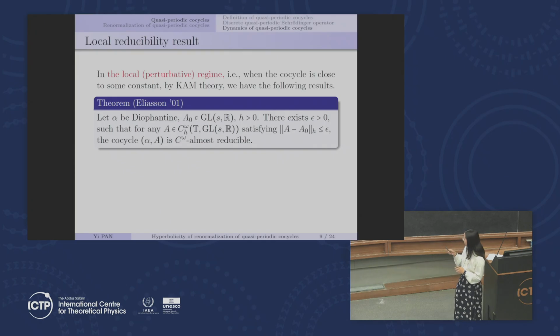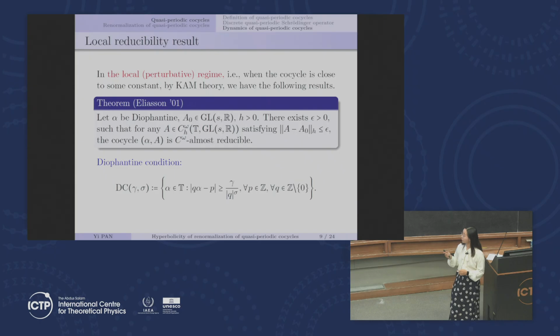He showed that for Diophantine frequency alpha, as long as our analytic cocycle is close enough to a constant, then in fact it is analytically almost reducible. And here, Diophantine condition means that alpha is never too close to rationals.